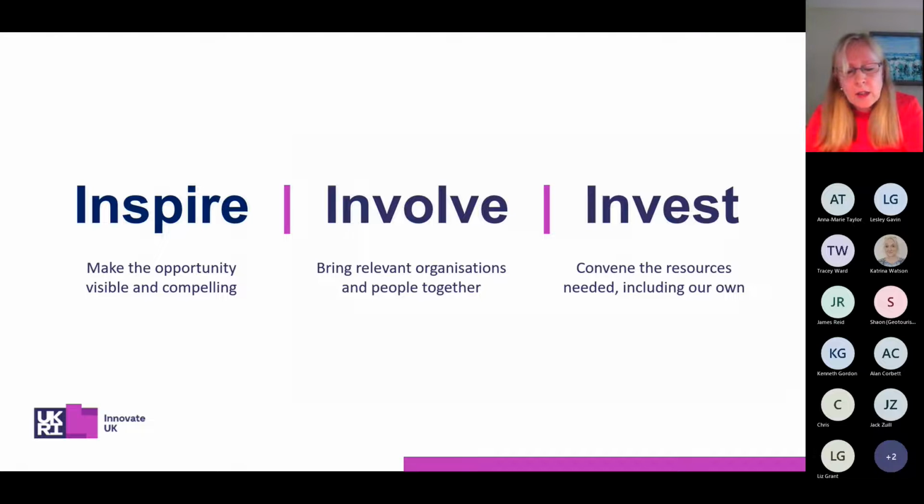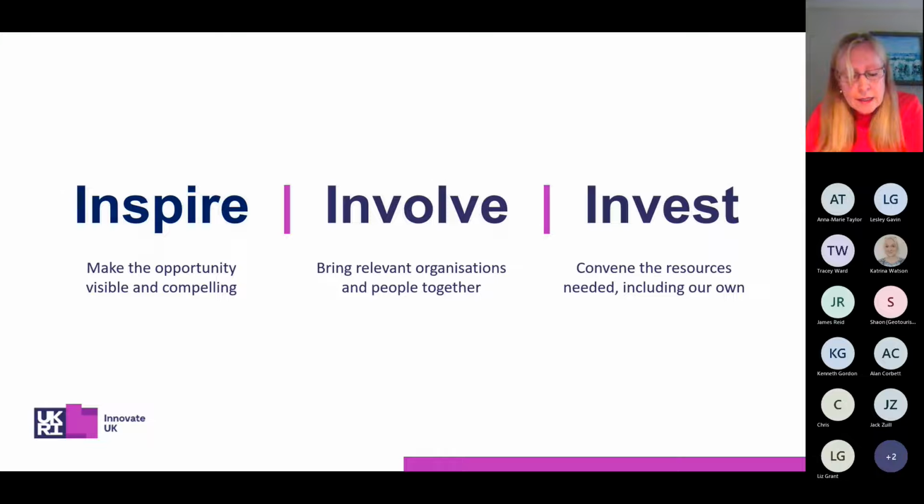So our activities and support can essentially be distilled into 3 areas, and those can be summarised by these words. So that is to inspire, so defining the opportunity, making that opportunity visible and compelling. And then to involve, so that's bringing relevant organisations and people together. That is within the UK and also internationally.